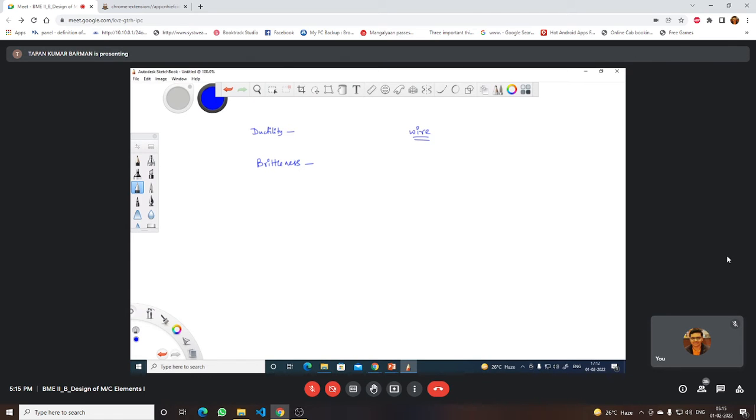In ductility, your percentage elongation or permanent deformation should be large. In brittleness, your plastic deformation should be very low, or little. We cannot say there is no plastic deformation. There should be some amount of plastic deformation, but the amount may be very low. Okay, so that is the definition of brittleness.